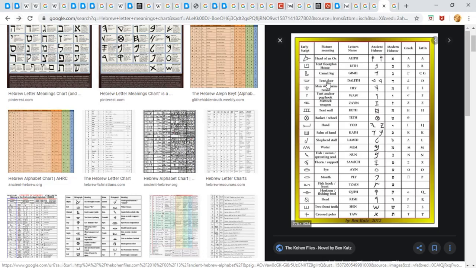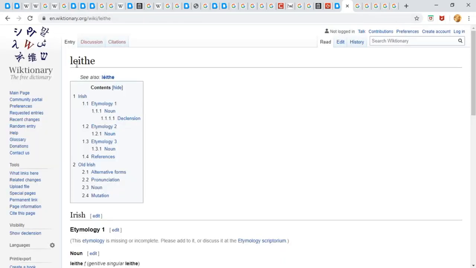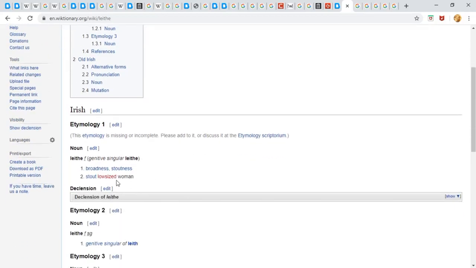The D is a door, and the man is a life. And when you're talking about a life, it's often the when it starts. When somebody says the word elite, it means the elite. So you have two words that are similar. You have to watch the spelling because they mean the opposite. The leth is big, stoutness.